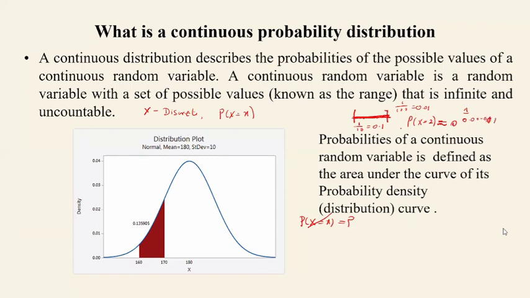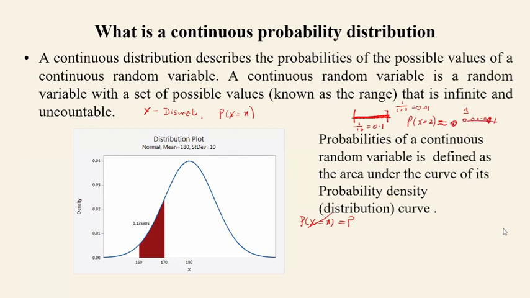Now you can see that when the number of points increases, the probabilities decrease and get very close to 0. So in the continuous random variable, there are infinite number of points in that interval. So when we specify a particular value for a continuous random variable, this will be an extremely small value, approximately equal to 0.